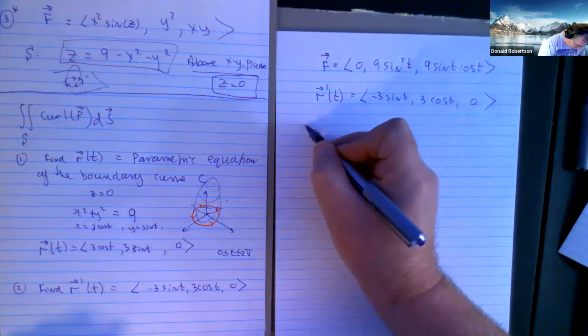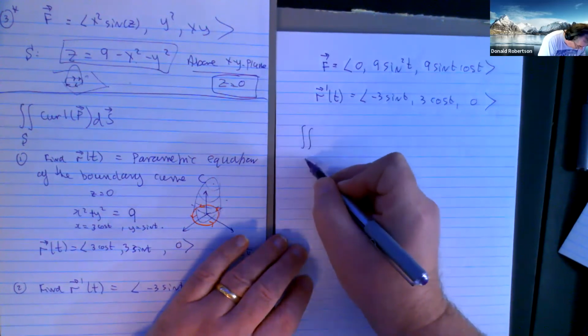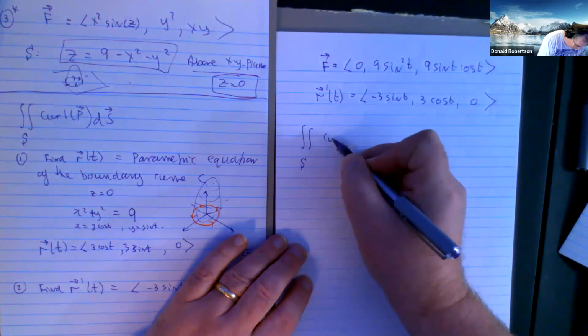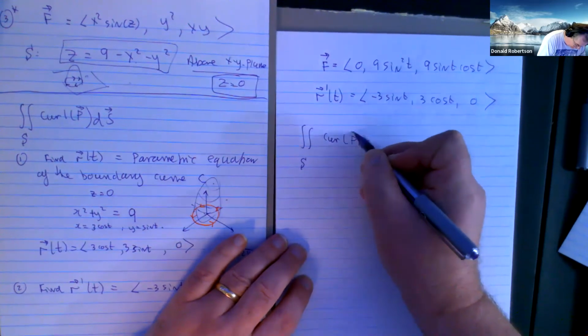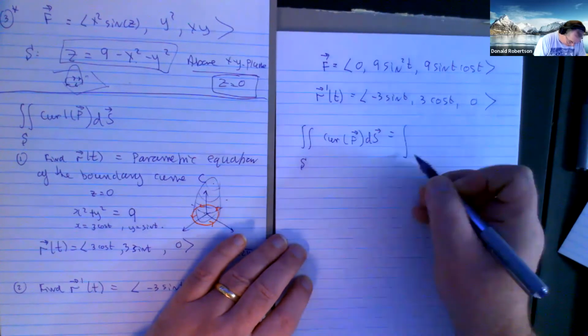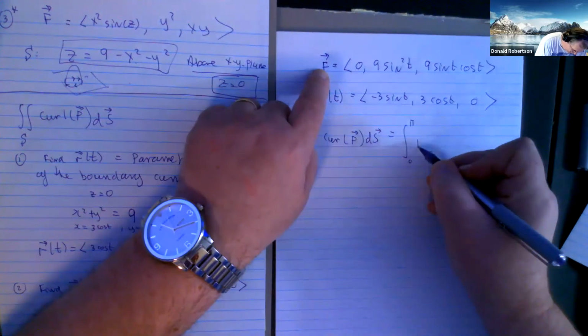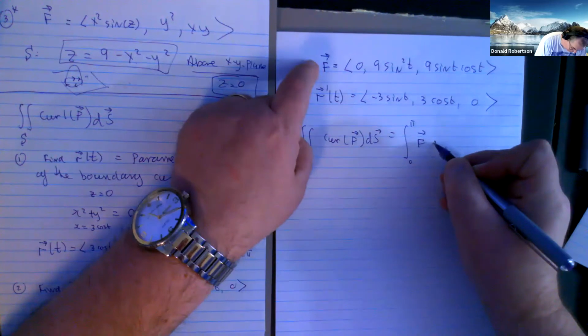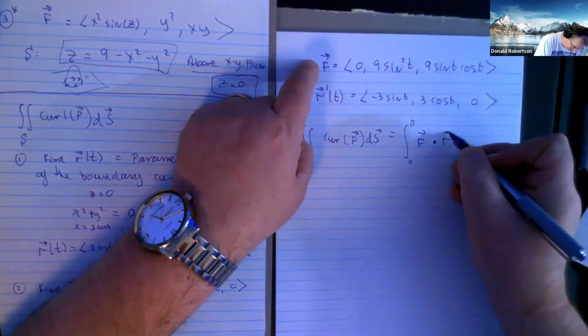And so the surface integral for the curl of F dot dS is going to be the integral from 0 to pi of F dot product r prime t dt.